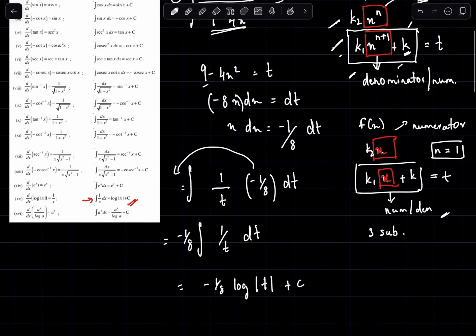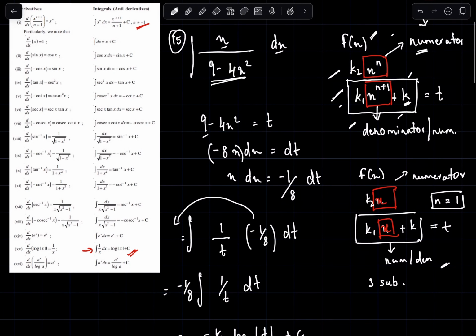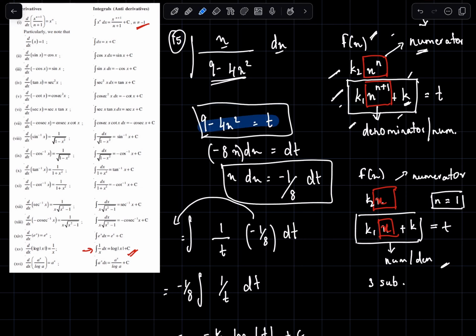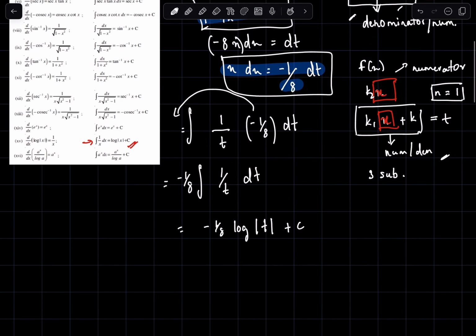And what is your t value again? Let's have a look. This was your t value, and this was your substituted value, 9 minus 4x squared. Minus 1 by 8 log of the absolute value of 9 minus 4x squared, plus c.